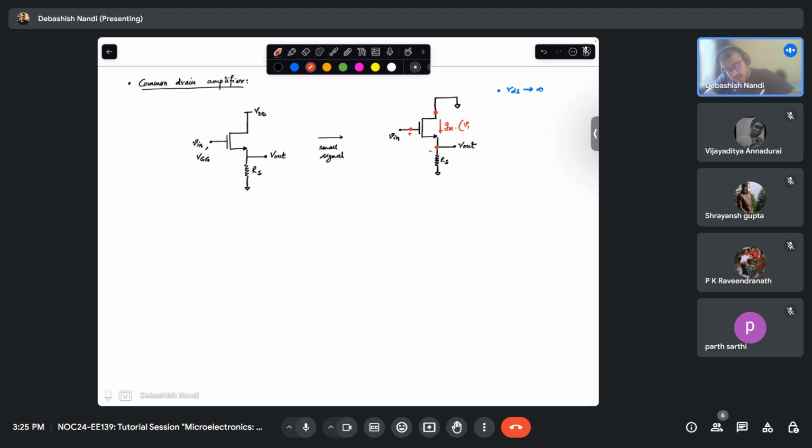VGS is nothing but VG minus VS, that is V in minus V out. Okay. So is that clear? Yes, sir. So now can you please tell me the KCL at this node.